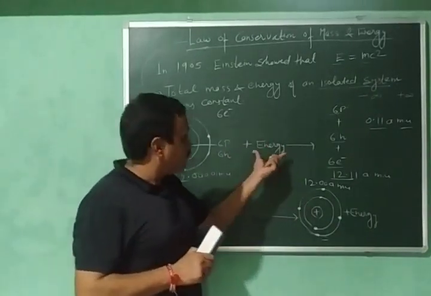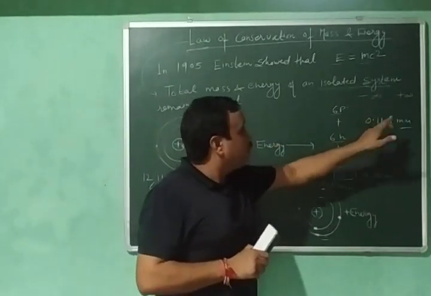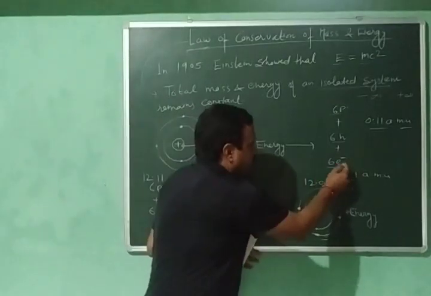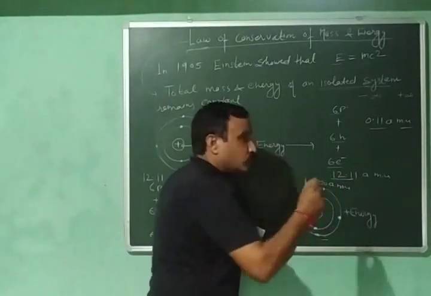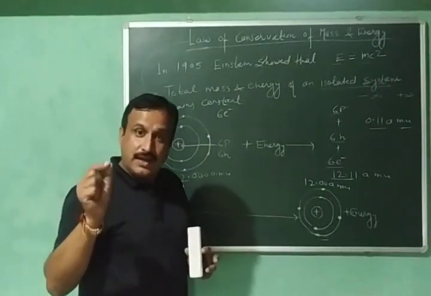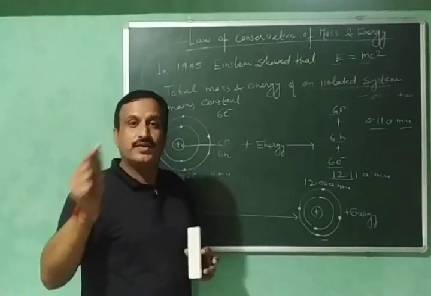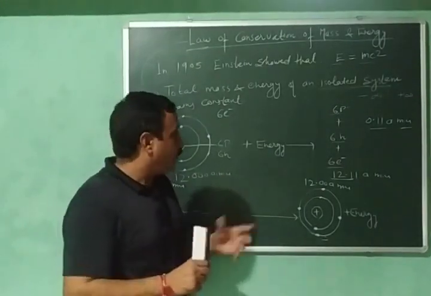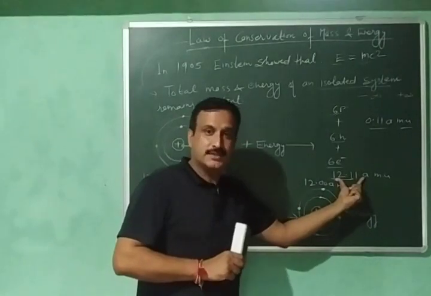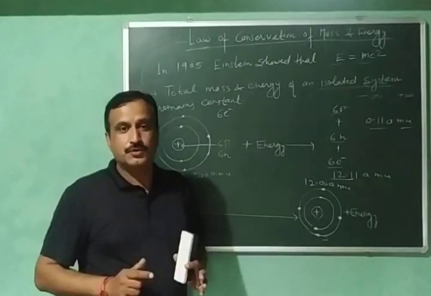Okay, this energy has been converted into mass, and how much mass? 0.11 AMU. Okay, so here also we have 12 AMU mass plus an additional 0.11 mass due to the conversion of energy into mass. So in this way energy is also conserved here in the form of mass, and mass is also constant. Have you understood?